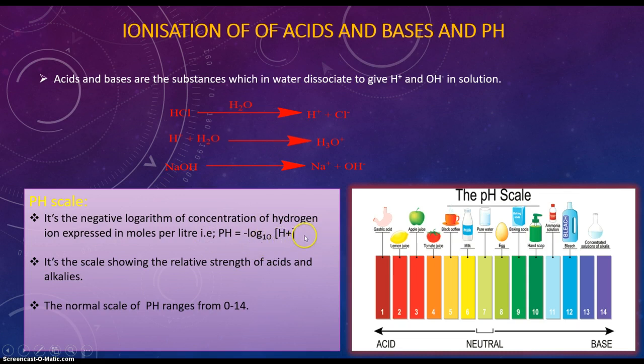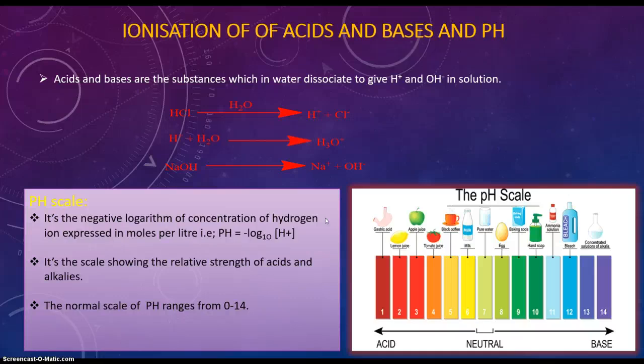So first of all, what is the need of calculating this pH value? Why would we calculate this pH value? What is the need? The need is that pH is an indicator, or pH is a parameter that gives us an idea about the relative strength of acid and base in a solution.